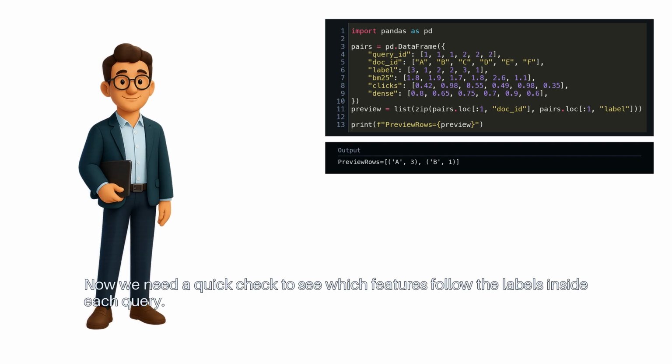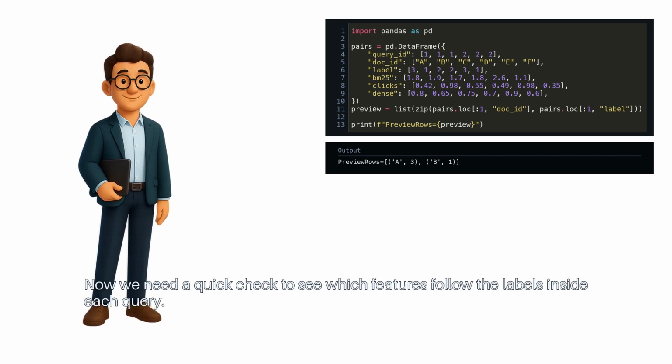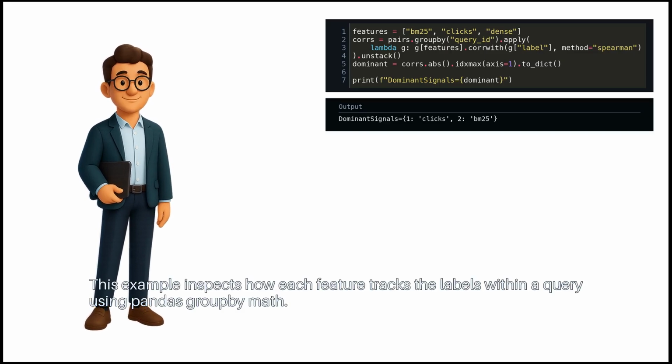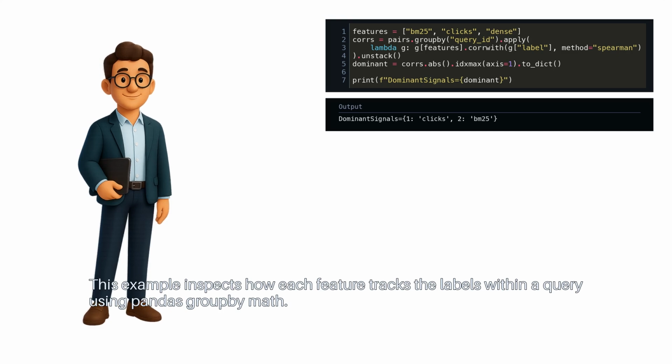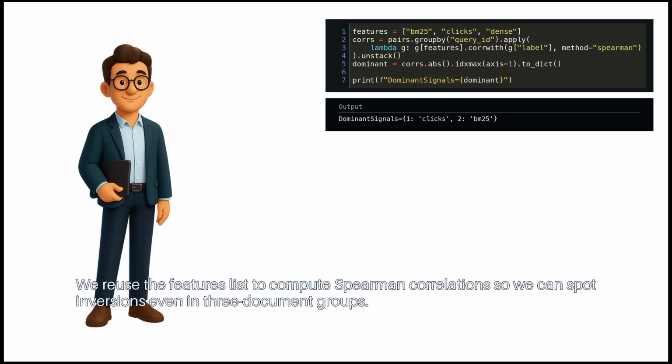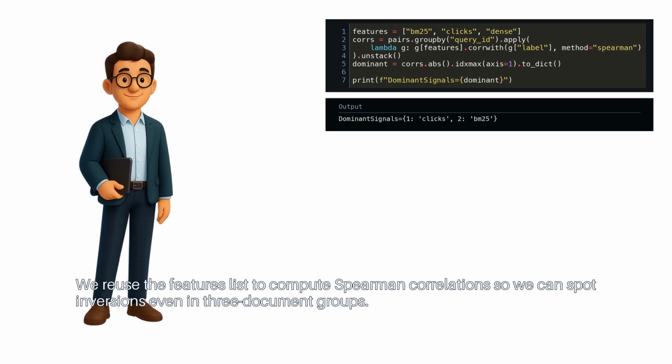Now, we need a quick check to see which features follow the labels inside each query. This example inspects how each feature tracks the labels within a query using pandas group by math. We reuse the features list to compute Spearman correlations, so we can spot inversions even in 3 document groups.